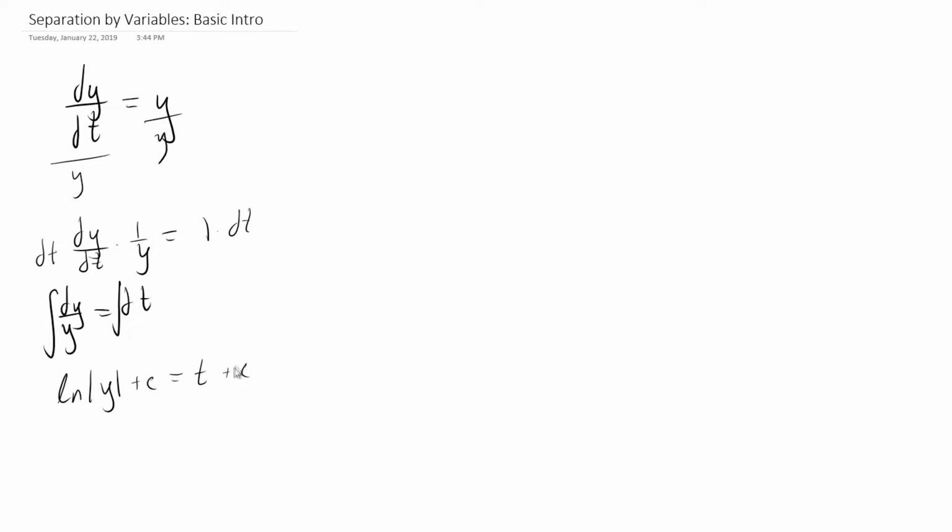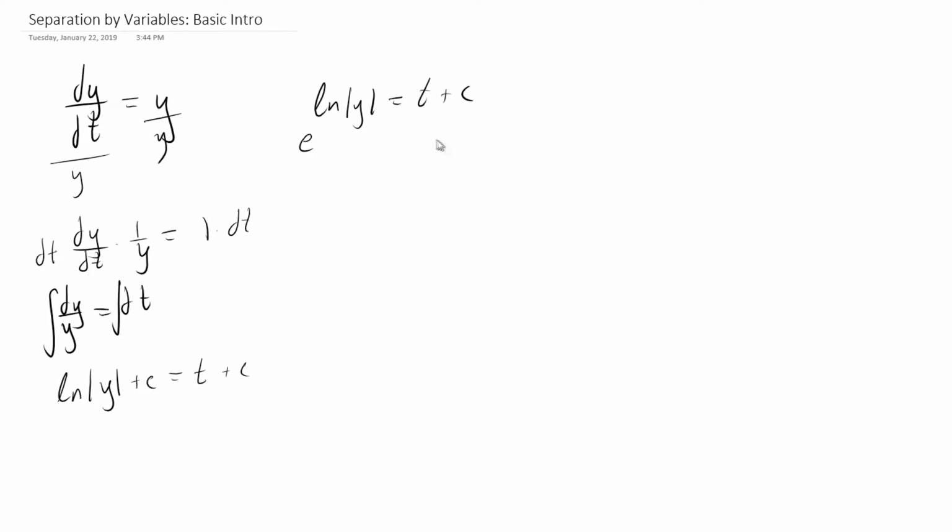We're going to move this c to the other side, so we get ln|y| is equal to t plus c. C is some constant, you don't have to worry. Right now we're just going to move the c over and call it c, whatever that sum of the two c's is.